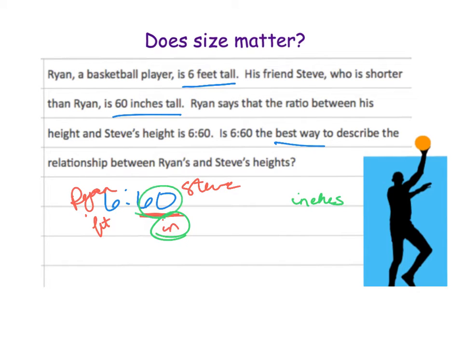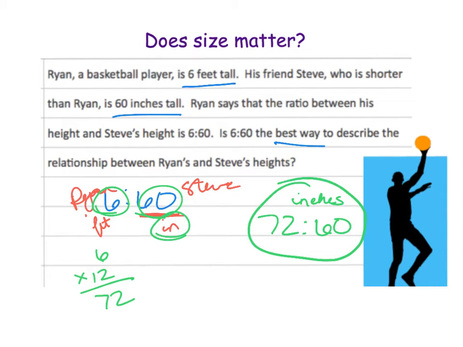So Steve's height we can leave as inches. Ryan's height, however, we need to change. He's 6 feet. There are 12 inches in a foot. So he has a total of 72 inches. This is a much better comparison or ratio because we're dealing with the same measurement.